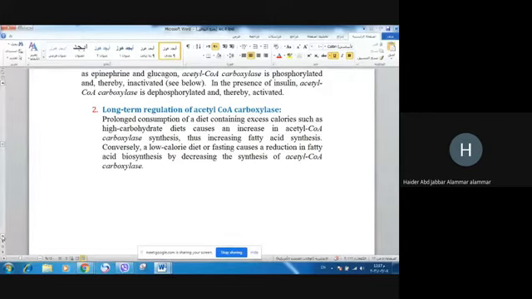Regarding the long-term regulation of acetyl coenzyme A carboxylase enzyme, it is very easy. How does long-term regulation happen?